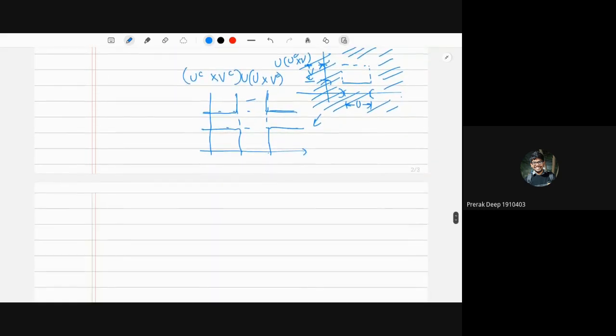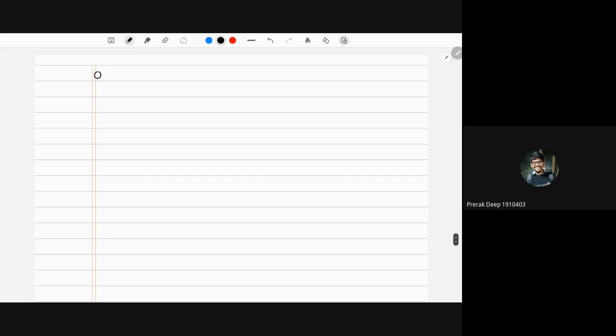Okay, let's now move on to a new question. Question number two says: let R_L be the set of real numbers with the lower limit topology.